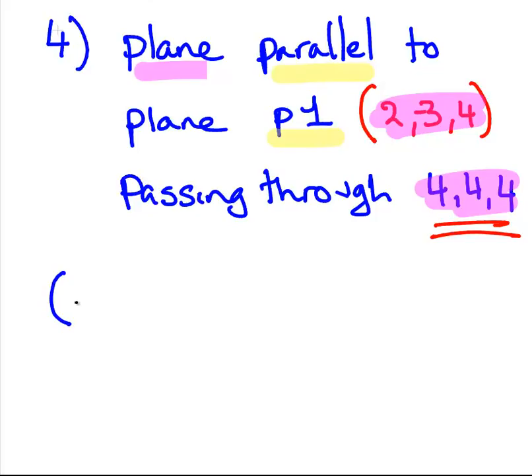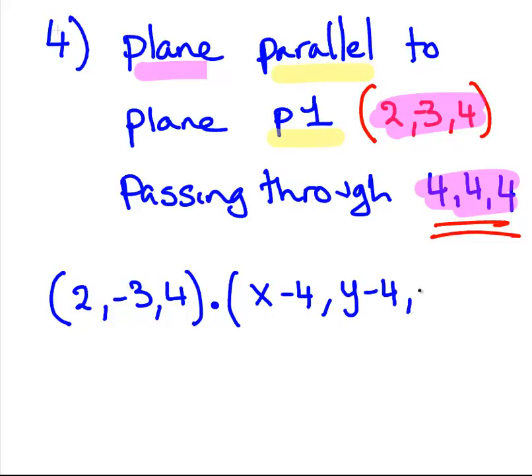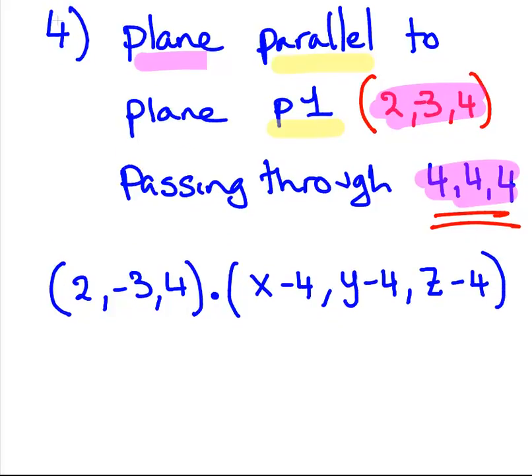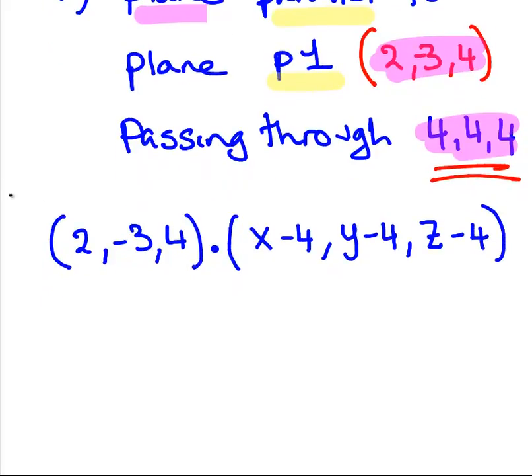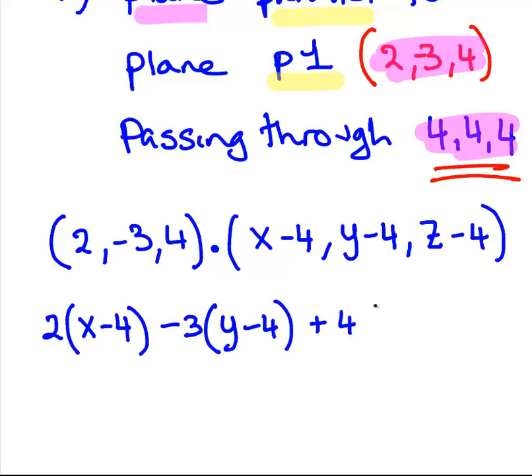The first way we could write it is to write out our normal, 2, minus 3, 4, dot product with x minus 4, y minus 4, z minus 4. That's one way of writing the equation of the plane we're looking for. But we could also expand it: 2 times x minus 4, plus minus 3 times y minus 4, plus 4 times z minus 4, equal to 0, and we're done.